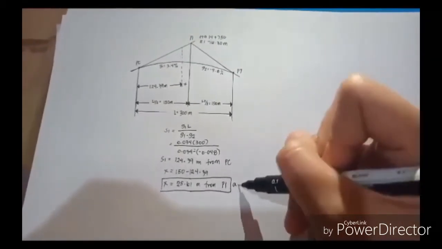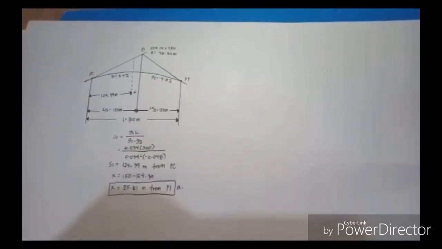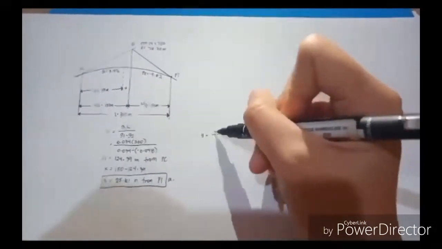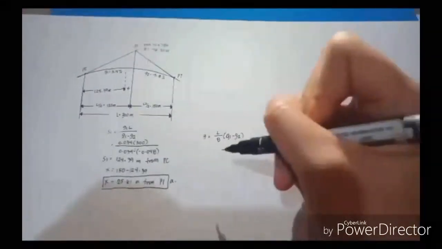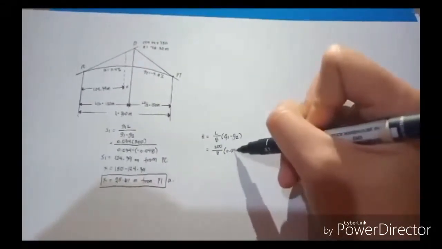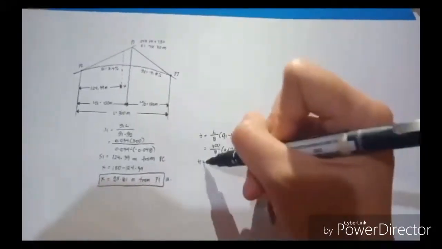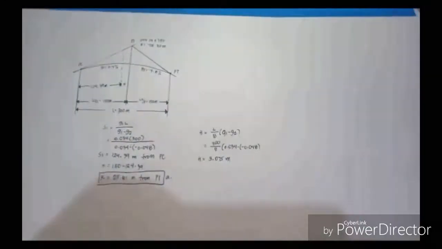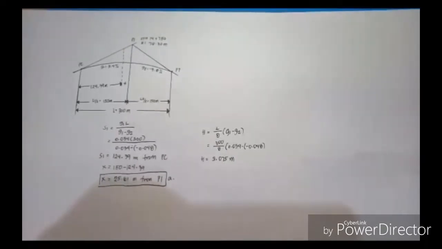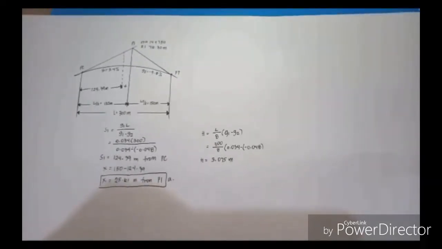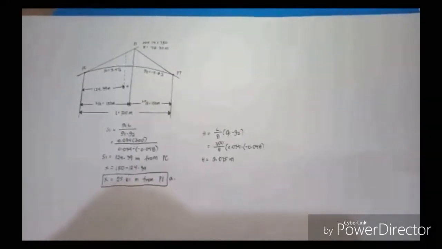So, this will be the answer of question A. Then, para makompute din natin yung elevation of the vertical curve turning point, gagamitin natin yung formula in getting the maximum offset. So, maximum offset is 3.075 meters.